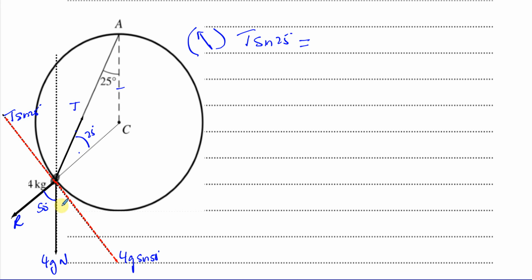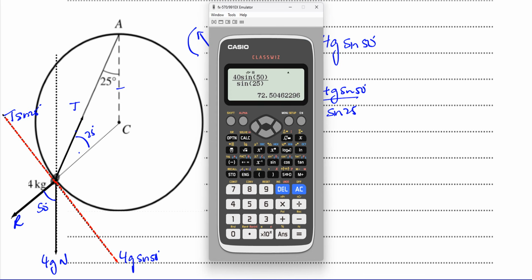I could also call this angle 40, and it would be 4G cosine 40, which gives you the same as sine 50, but I've just kept it simple like that. So that's equal to 4G times sine of 50. Now that should give us our answer directly for T. So we have 4G sine 50 over sine of 25, and that should give us our answer.